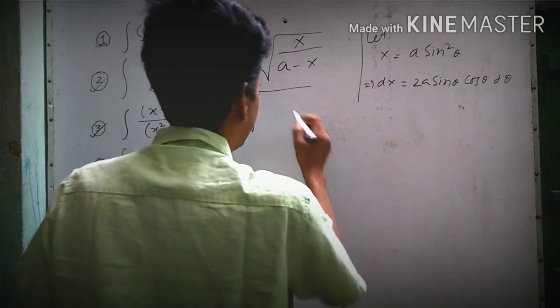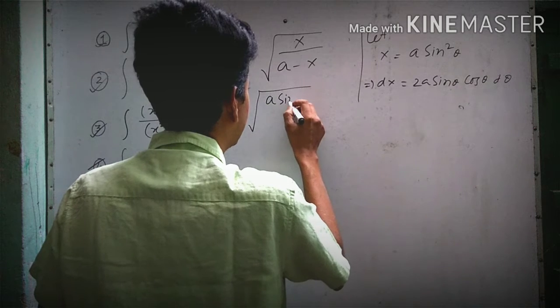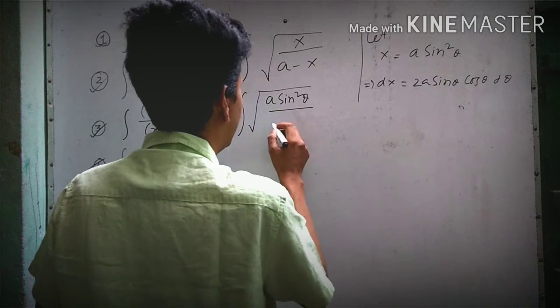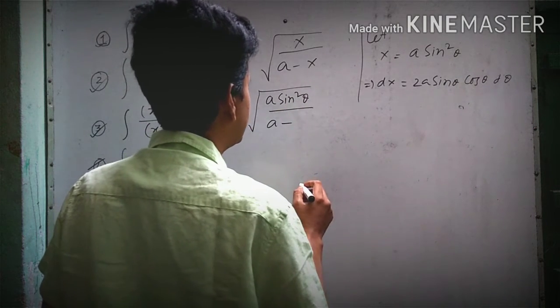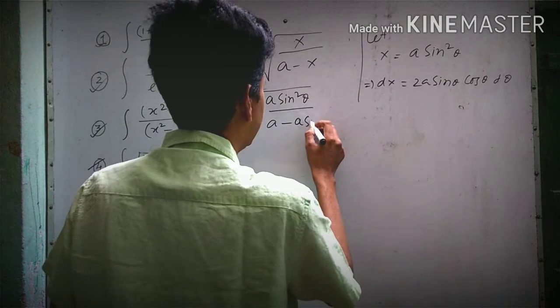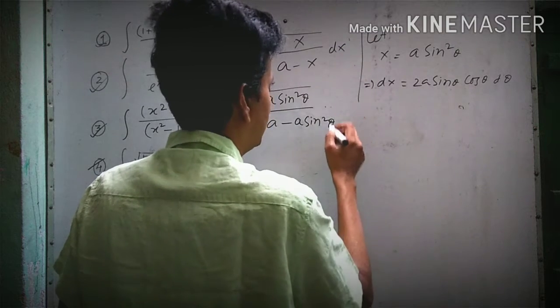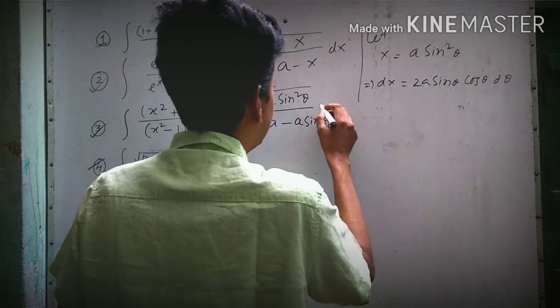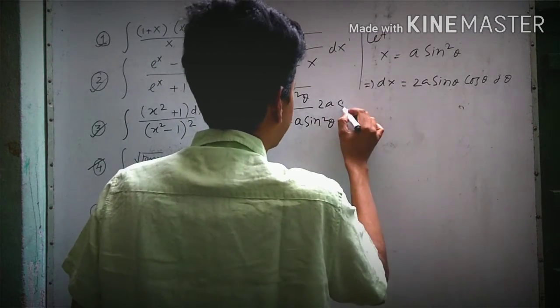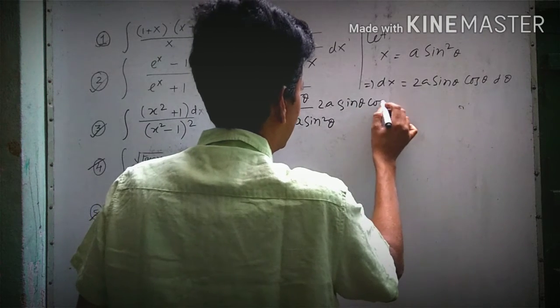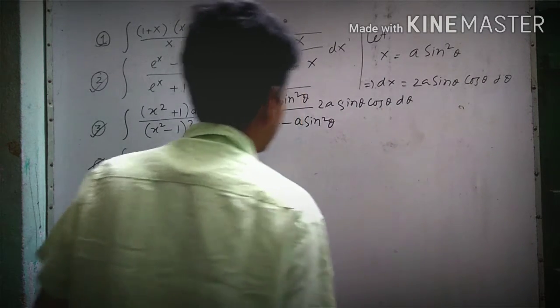So we can write as a sin square theta by a minus a sin square theta into 2a sin theta cos theta d theta.